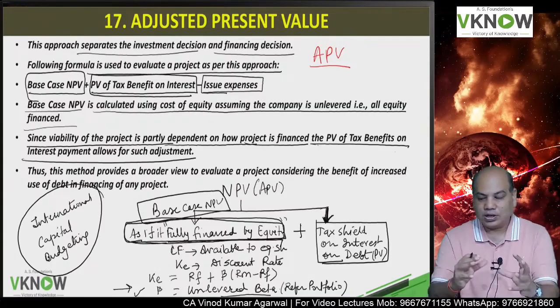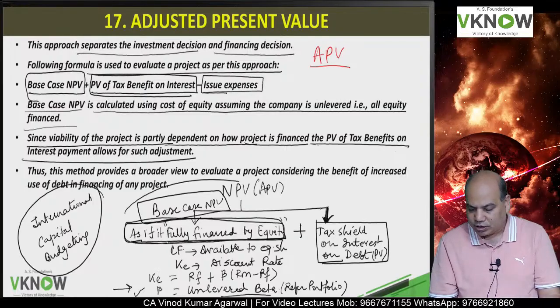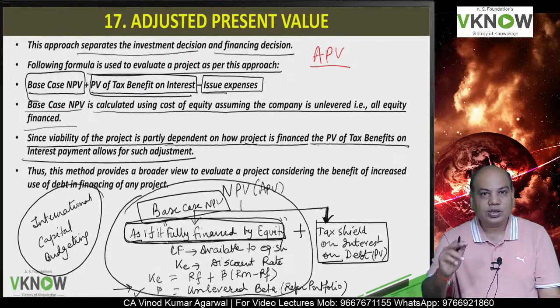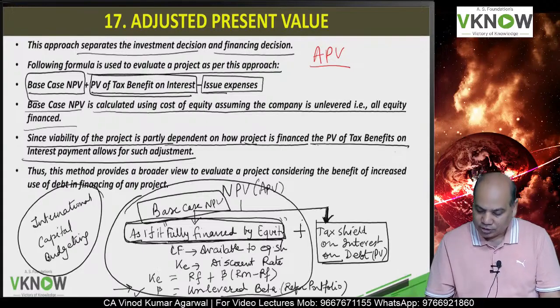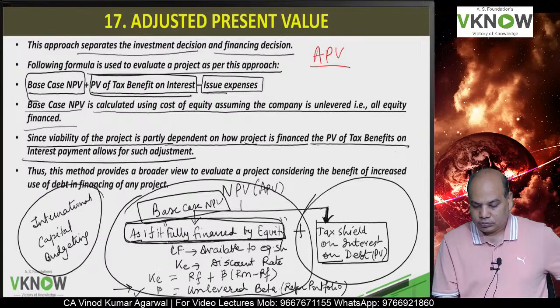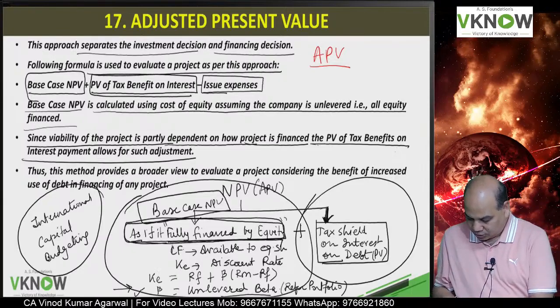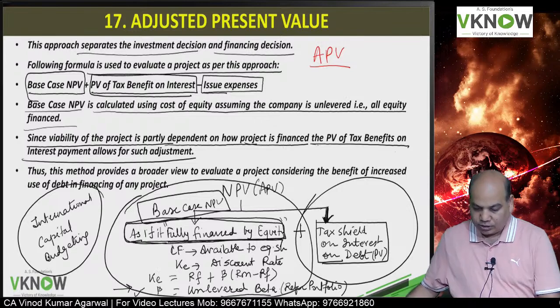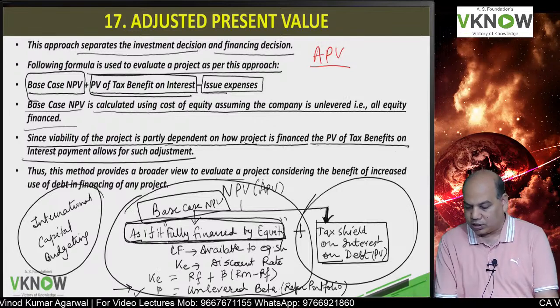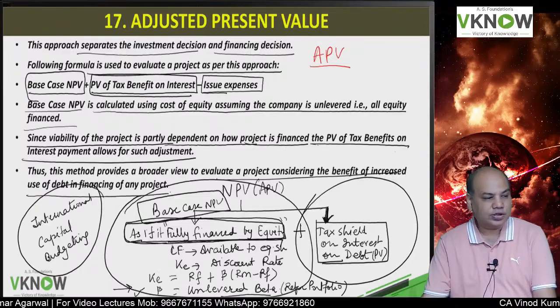So investment and financing decisions are considered separately. First you evaluate it without considering the role of financing, then you bring the benefit of financing. Thus this method provides a broader view to evaluate a project considering the benefit of increased use of debt in financing of any project.